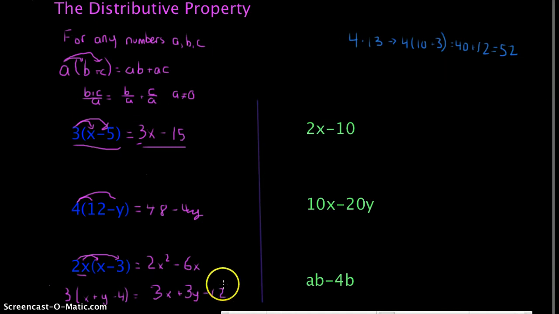Okay? So that's taking an expression in factored form, right? In factored form, and writing it in distributive form. Let's write that down just so we're clear on this. So this is factored form. Right?